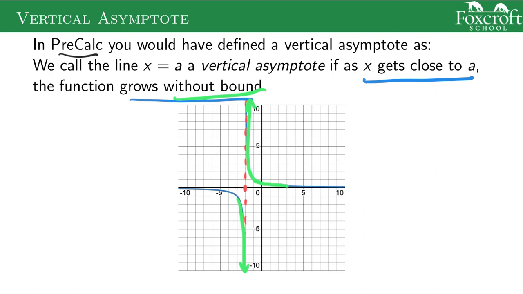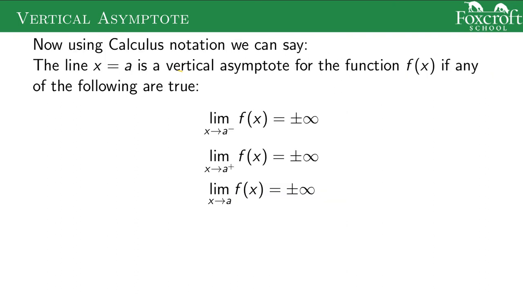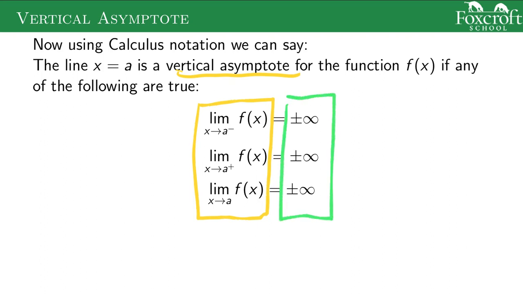Now in calculus, this whole concept of getting close to something is what calculus is all about. So for a vertical asymptote, we have x getting close to a. That's exactly our limit definition from Unit 1. Grows without bound just means the numbers keep getting bigger and bigger, and we use the infinity symbol for that.